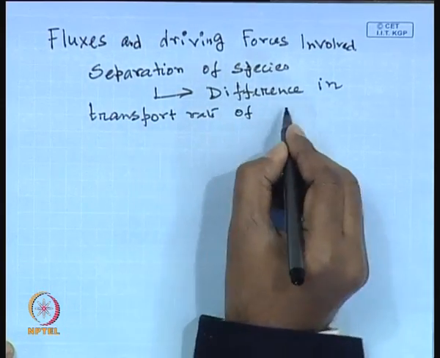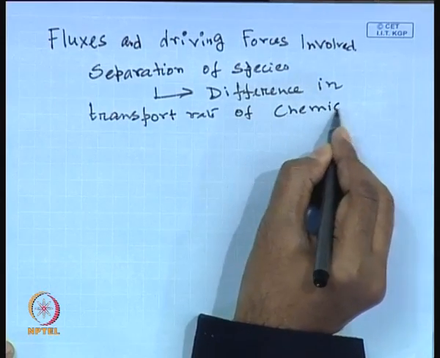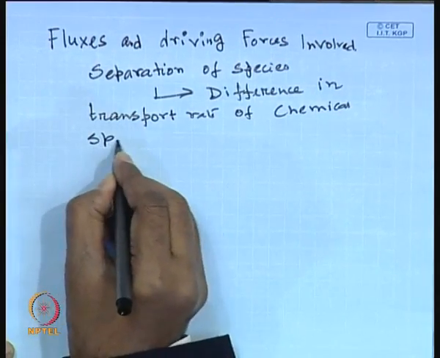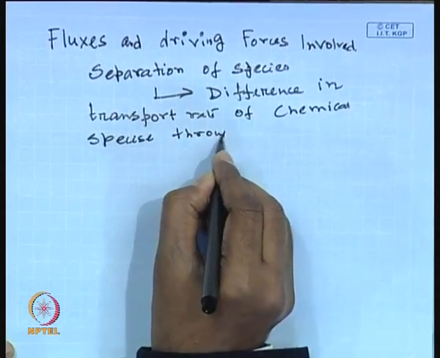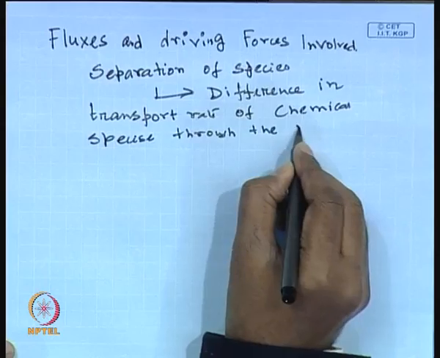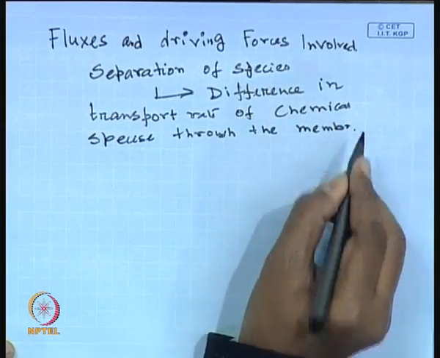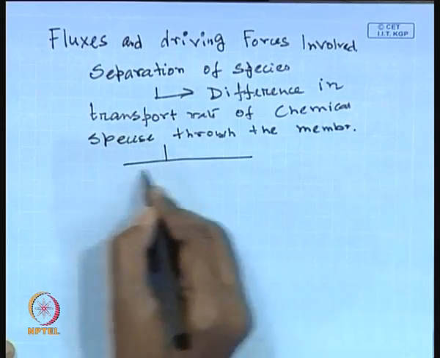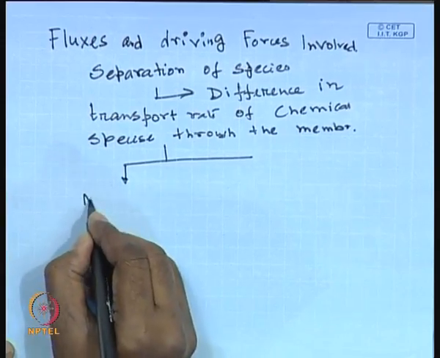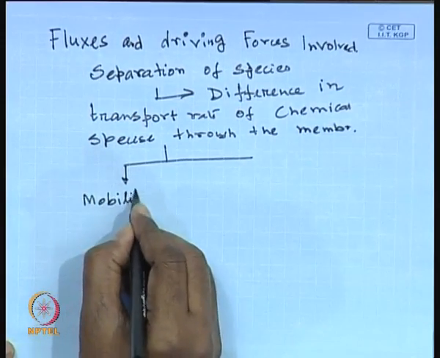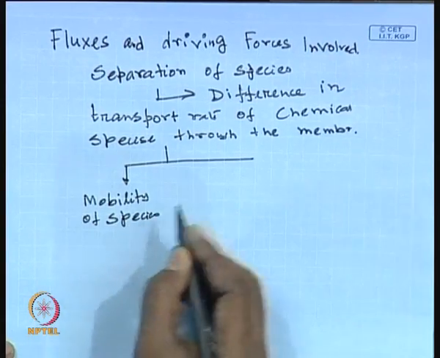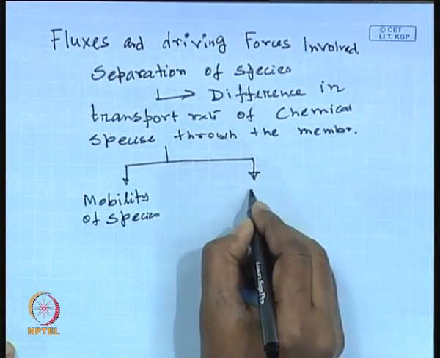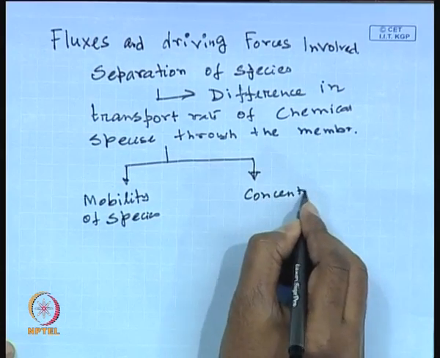Rate of chemical species through the membrane. This depends on two factors. One is the mobility of the species, another is the concentration.